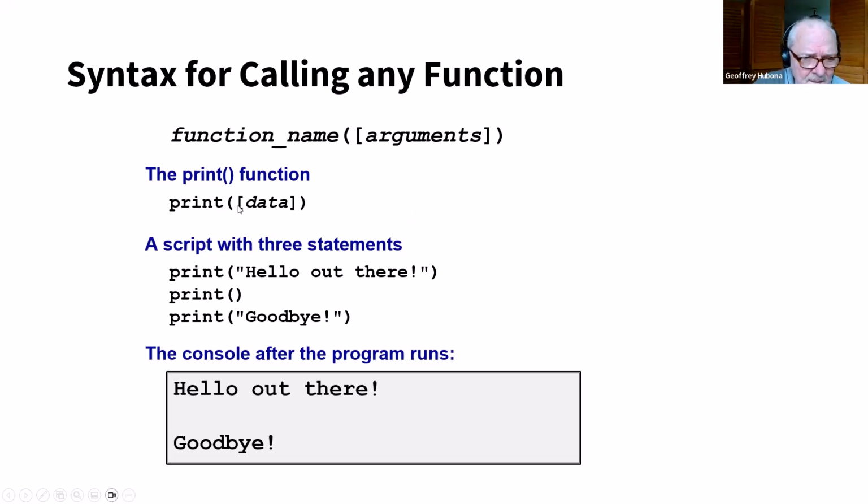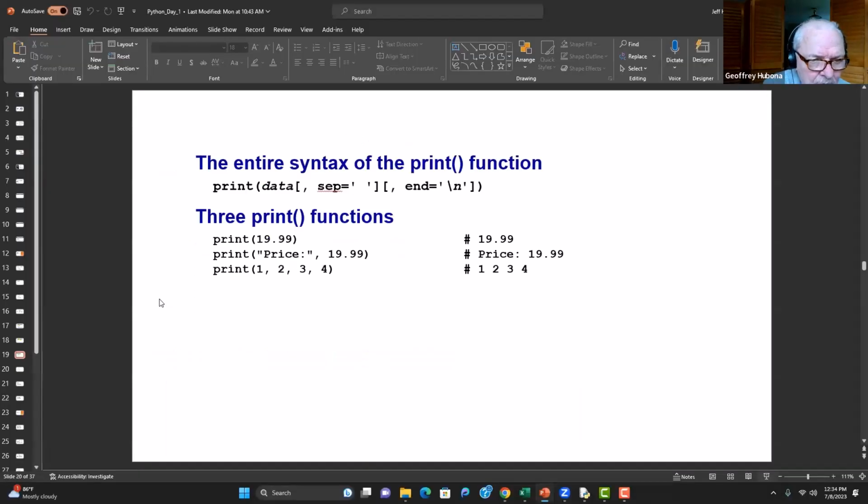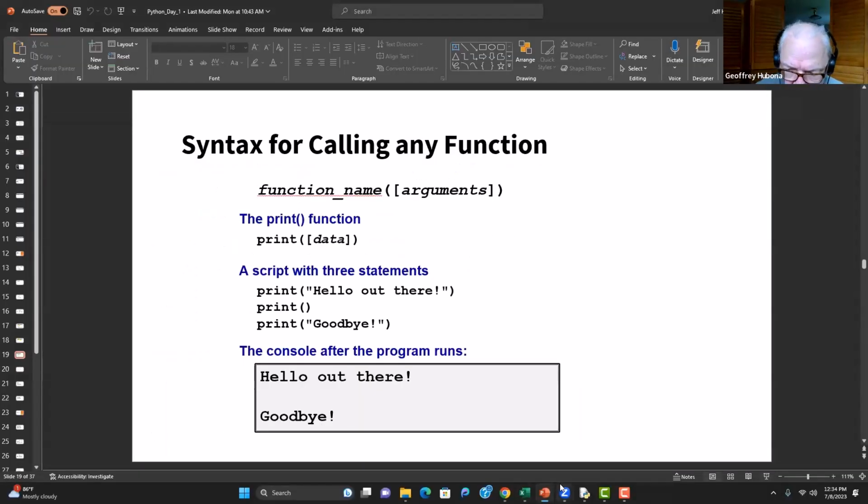Print, again, the data, you can print as many things as you want that are separated by commas, and you'll find that if you call up print in help. This is one of those slides that I also have. This is day one, slide 19 in your folder. So let's take a look at what I put in there.